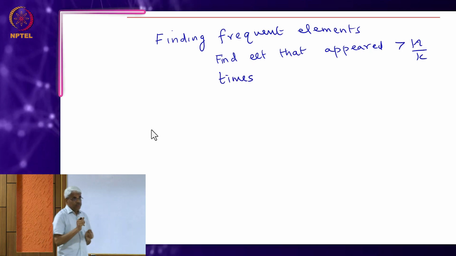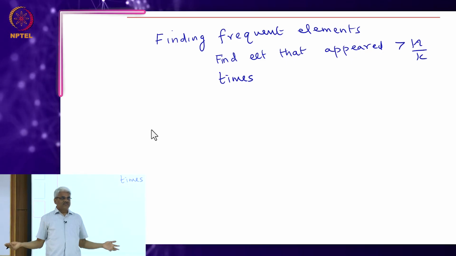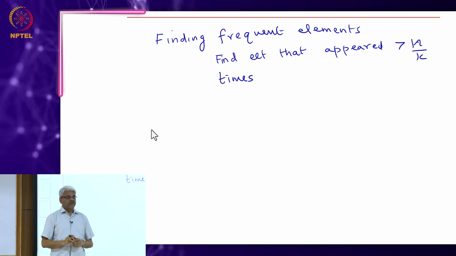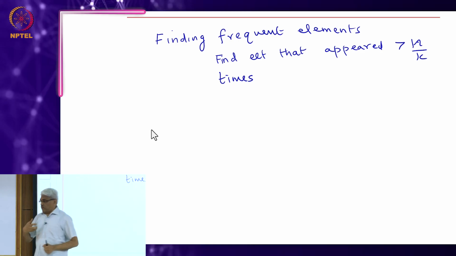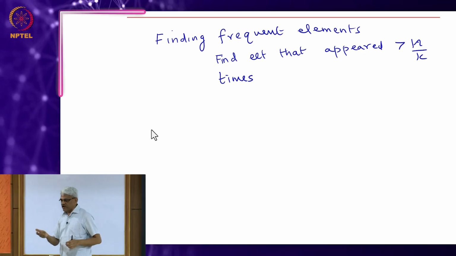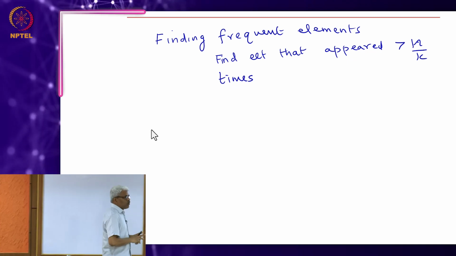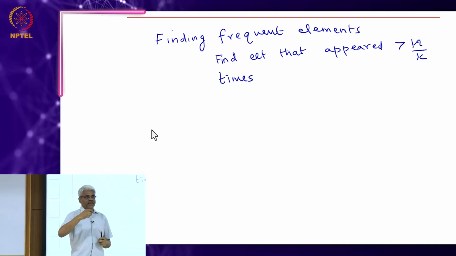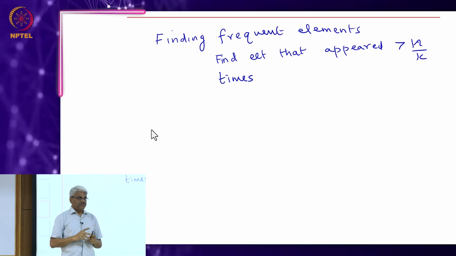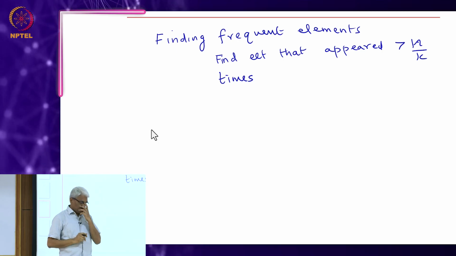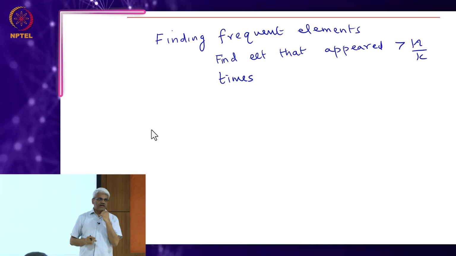Okay, these are actually important applications, like majority you can imagine, right? Voting system, there is a sequence of votes and I want to find who is the majority winner and things like that. So similarly here, in this large stream of elements, given some k, let's say k is 10, I want to know which are the elements that have appeared more than n by 10 times. For some k, more than n by k times.